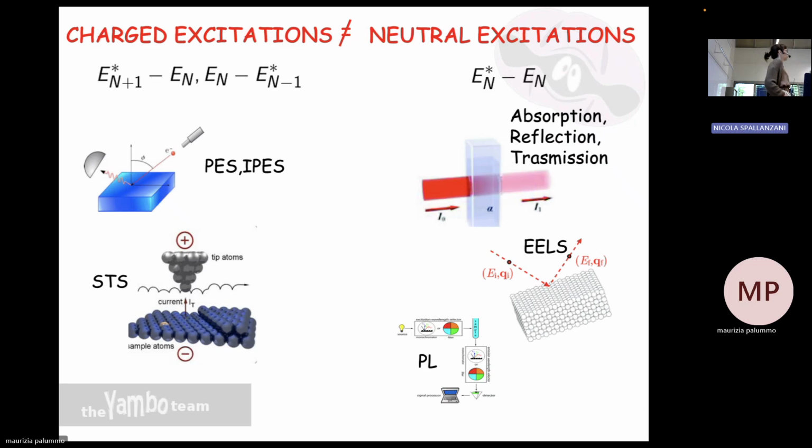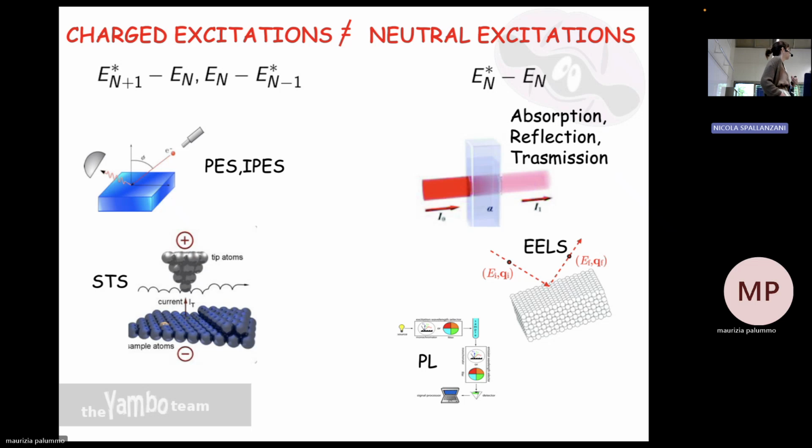Okay, so the first concept that you should be aware of, which has already been told by several speakers, is that neutral excitations and charge excitations are different. When you measure charge excitations, in the experiment you do photoemission and inverse photoemission, or scanning spectroscopy, so you can obtain the electronic gap.